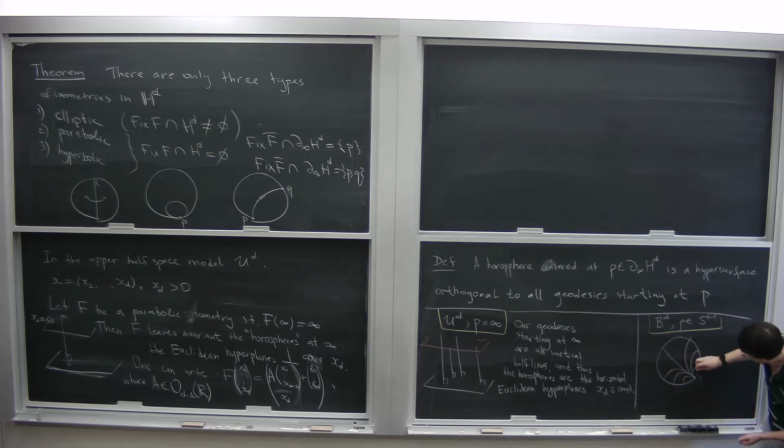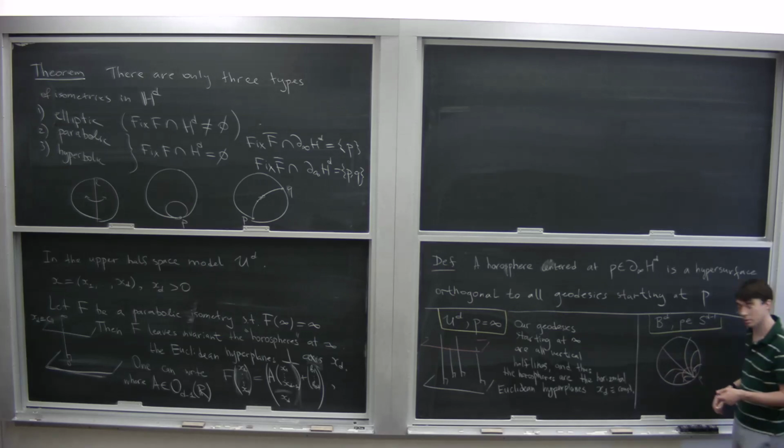And one can notice that geometrically, if one takes a sphere, the red sphere, passing through P, such that the sphere is tangent to our boundary of the hyperbolic space, then this is going to be orthogonal to all geodesics passing through P, right? So if you do this picture, you will see that all these are orthogonal.